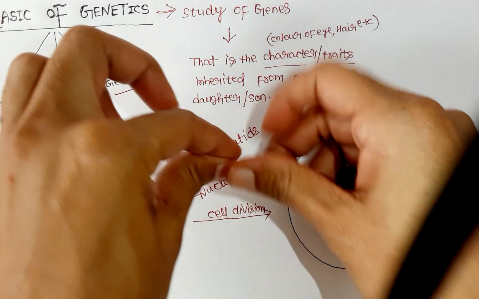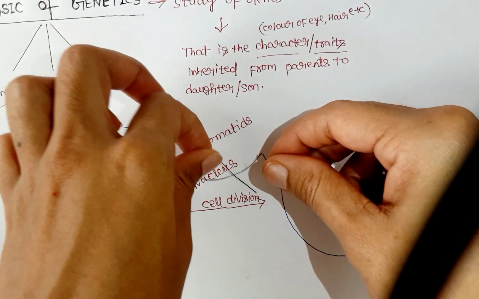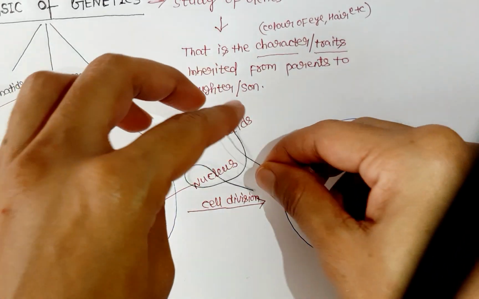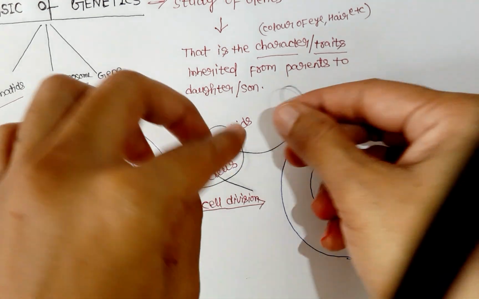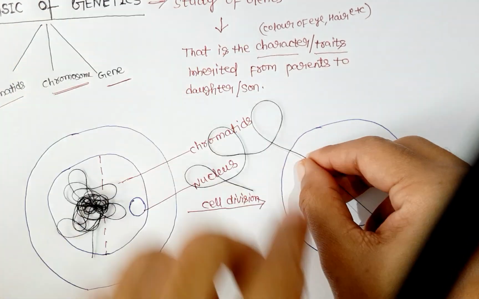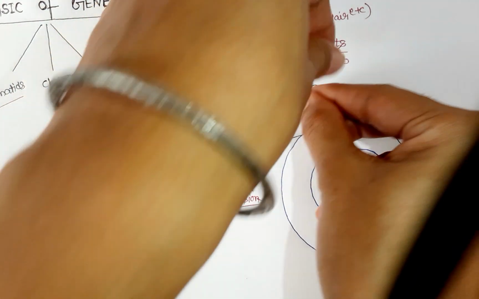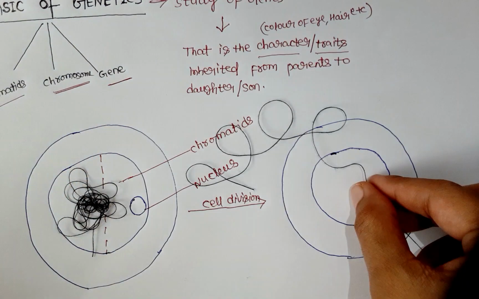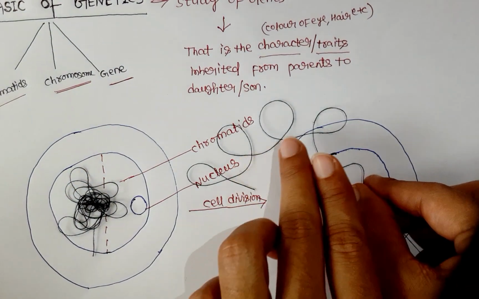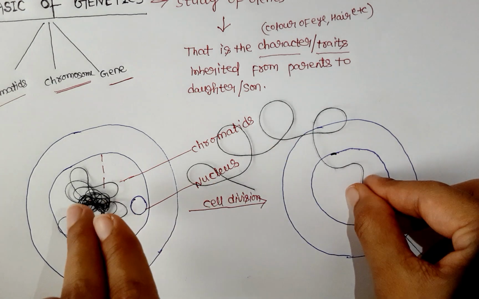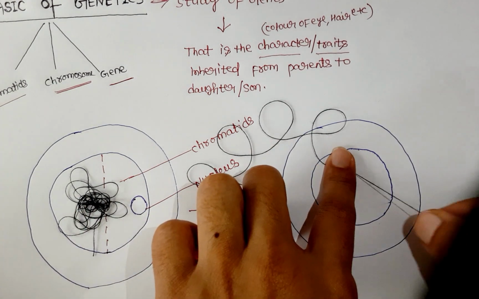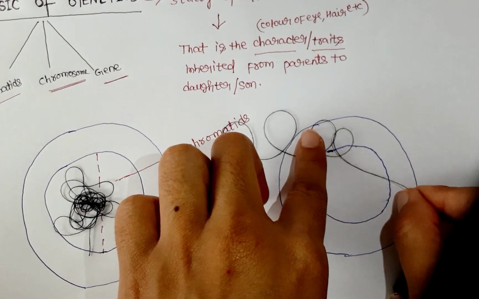Means, you have seen the telephone wire. This will make like that. They are going to condense like a telephone thread-like structure.